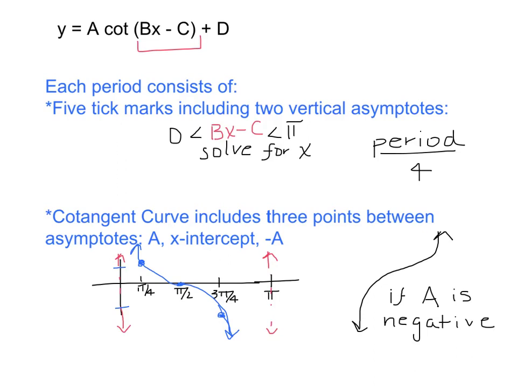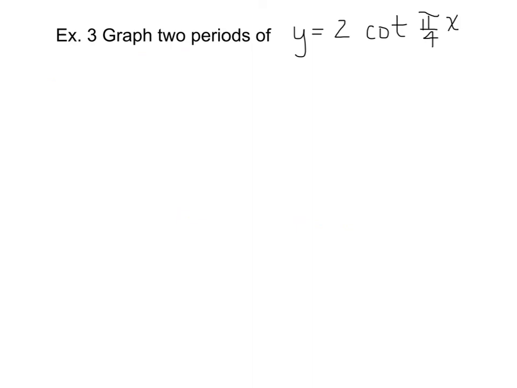Okay, so let's try a cotangent graph. Okay, here's our graph. I'm going to identify A, B, C, and D. So A is 2, B is pi over 4, C is 0, and D is 0. Alright, so the first thing you do is find your asymptotes.